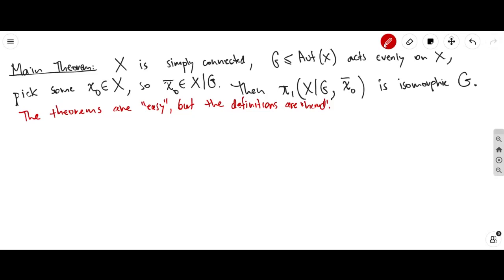So here's the proof. So I'm going to call this proof outline. What I'm going to do is I'm going to construct the isomorphism between those two groups, and you will check on the homework that this is indeed an isomorphism. So here's the proof outline. So we will construct two homomorphisms.